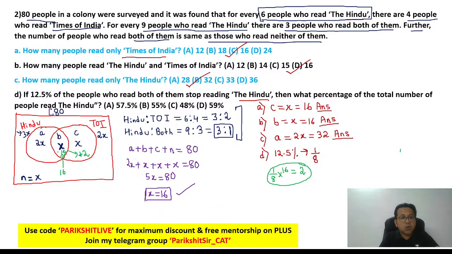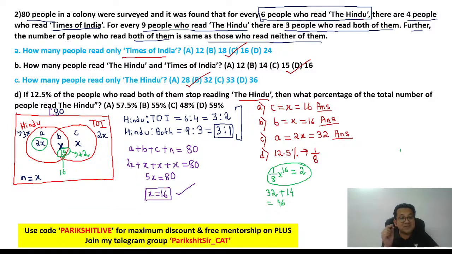And the question is, what percentage of the total number of people read Hindi now? So initially, here 2x will be there. 2x was, remember, 16 to 32. But instead of 16, now you only have 14 people out here. So 32 plus 14 is going to be 46. 46 people read the Hindi.